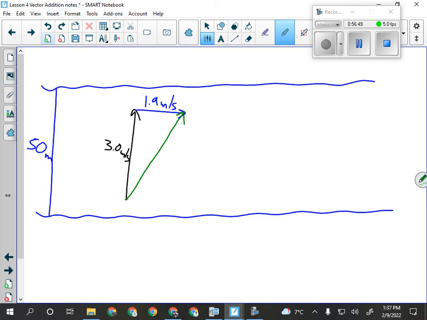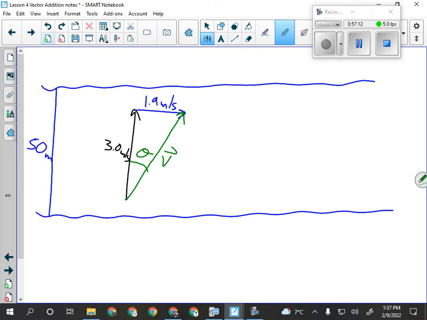I'm rowing straight across, but the river current pushes on me while I row, and I end up going across along this diagonal vector. Would it be pretty easy to find the resultant velocity and its vector? That's the stuff we were working on yesterday. It's just perpendicular vectors, so that would be pretty straightforward.